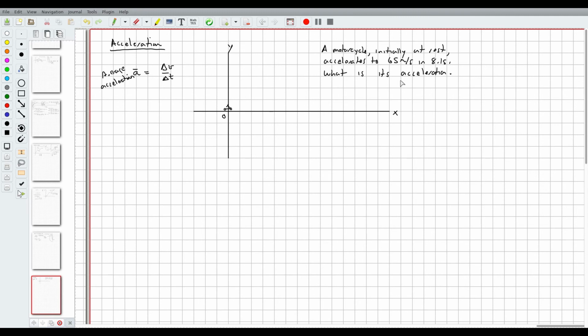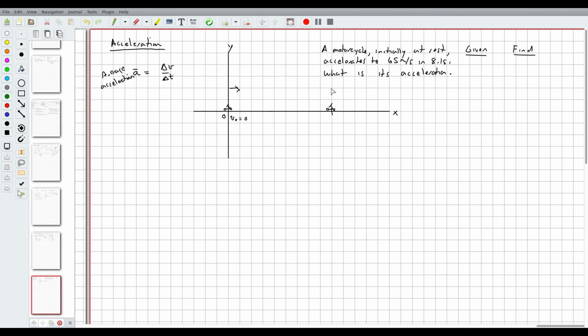Now, we have been given, and we're trying to find stuff, but we have been given that our initial velocity is 0. Now, I'm going to have us move to the right. This is going to be the direction of our velocity at the end of the day. So here, at some position in the future, we have our motorcycle.